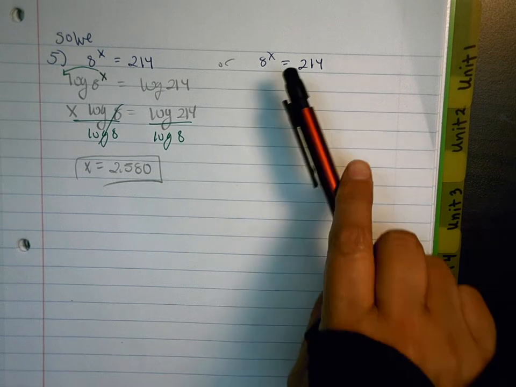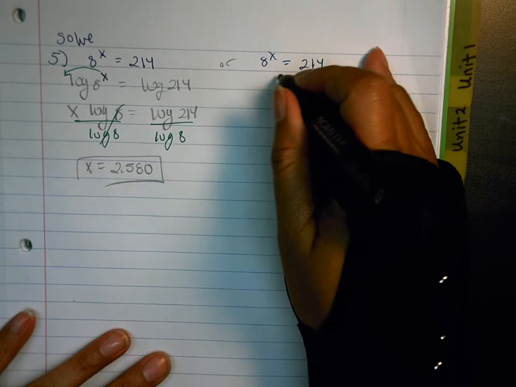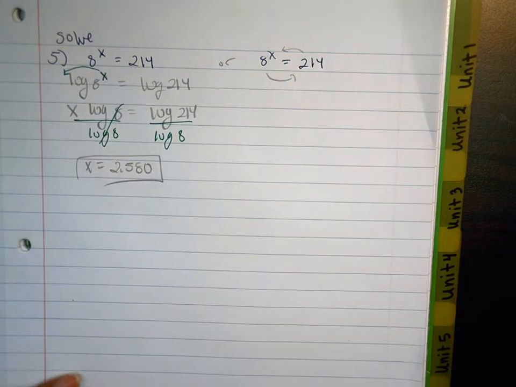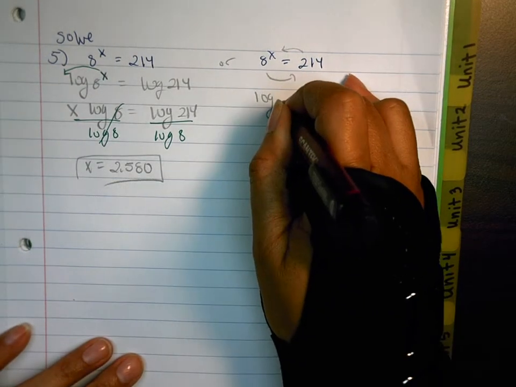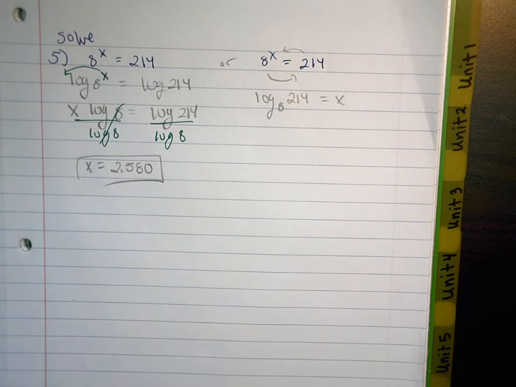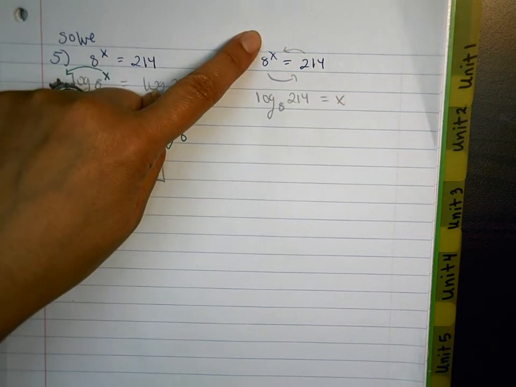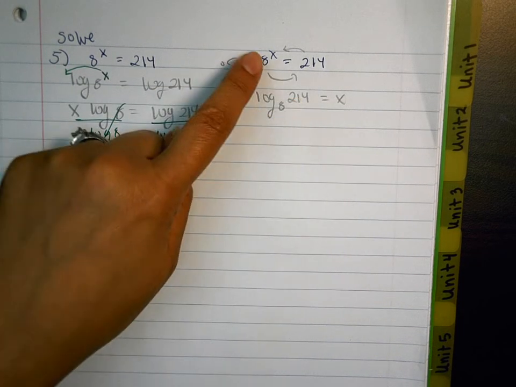This is exponential form. Change it to logarithmic form, and you change it to logarithmic form the same way we do the wraparound. But this time you're adding the log. Log base 8 of 214 equals x, because 8 to the x power is 214, and that's what they gave us.